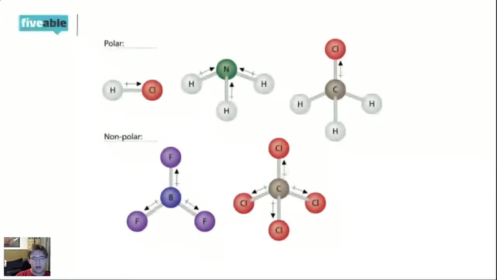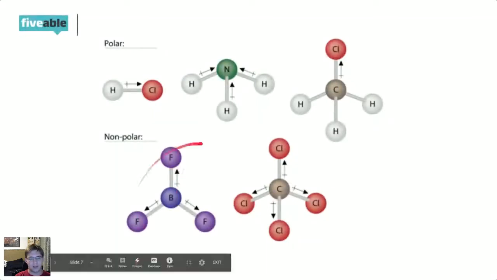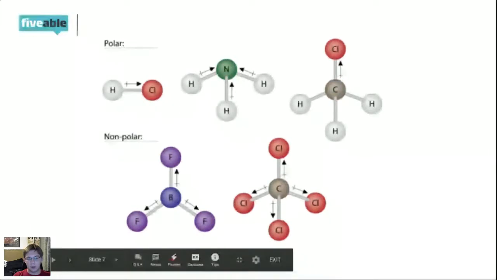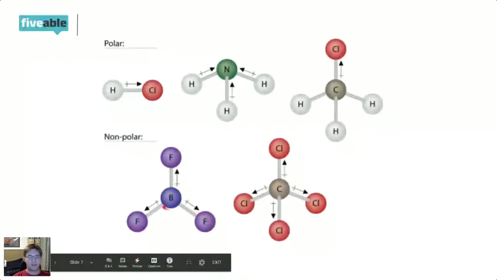However, you will also have a nonpolar molecule when the structure and the geometry of that molecule is symmetric. So, for example, boron trifluoride is a perfectly symmetric molecule, meaning that it is nonpolar. That's because if we look at these dipoles, we see this fluorine's pulling those electrons in this direction, this fluorine's pulling them in this direction, and this fluorine's pulling them in the other direction.